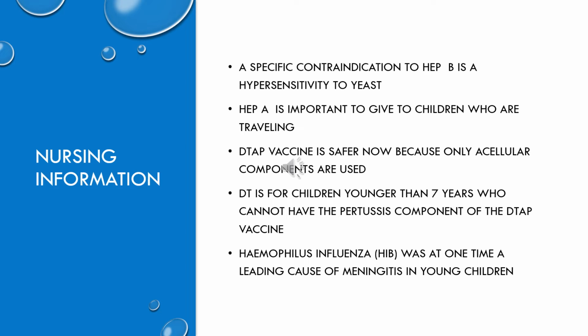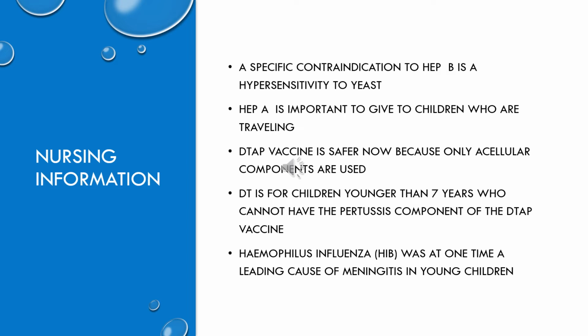Considerations, there's some information for you from a nursing perspective on some of these vaccines. So you have specific contraindications to Hep B, that is yeast. So if you have a patient who is sensitive to yeast, they would not be allowed to take this Hep B. Hep A is important to give to children who are traveling, and depending on what state you live, the recommendations, or requirements, I should say, for Hep A may vary.